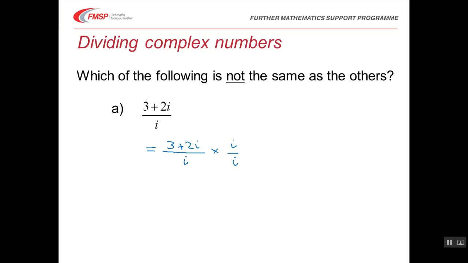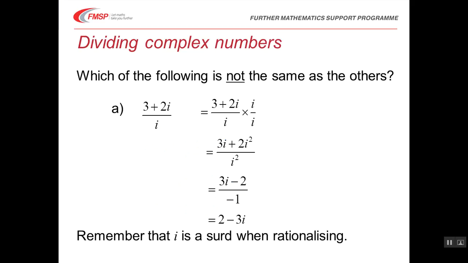So we can times top and bottom by i, so that gives us 3i plus 2i squared, and i squared is minus 1, and i squared in the denominator is minus 1. So if we divide the top by this minus 1 here, we get minus 2 divided by minus 1 is 2, and 3i divided by minus 1 is minus 3i. So i, just a reminder, is a surd when you are rationalising.